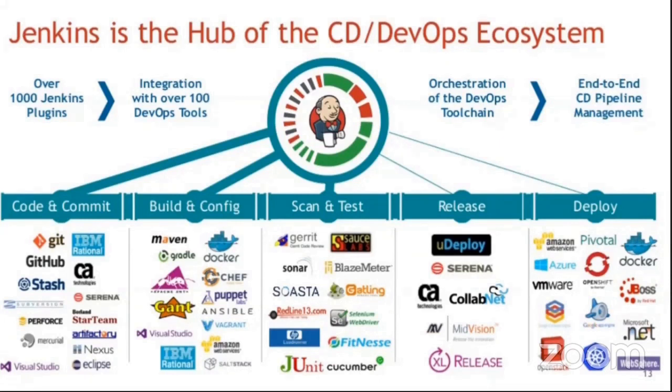Let's think from an automation perspective. We talked about a lot of tools. As an automation engineer, you don't need to get expertise on these tools. But what you need to understand is how automation is connected with Jenkins. Let's take a very simple example.